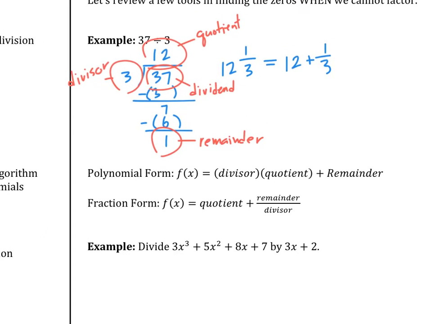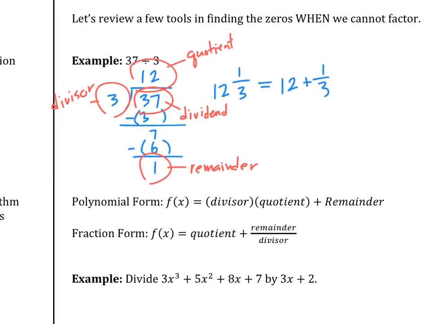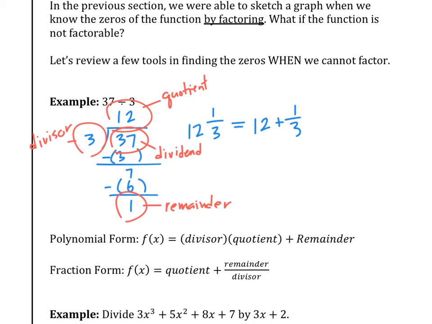Another way to write that is, if I want to reconstruct that 37, it's really just 3 times 12 plus 1, which is my original number.